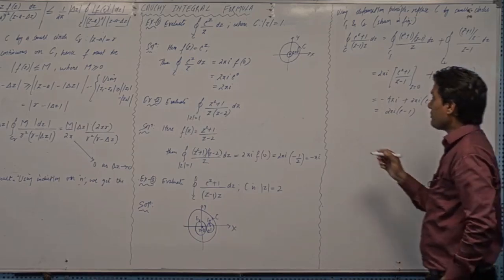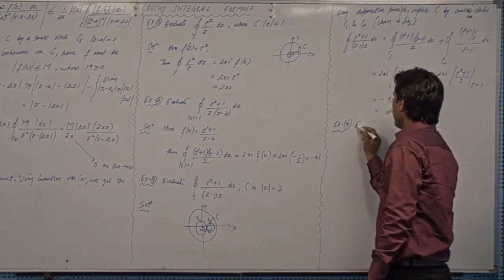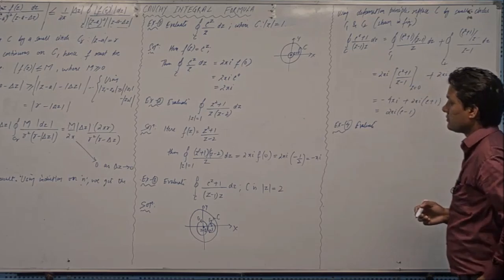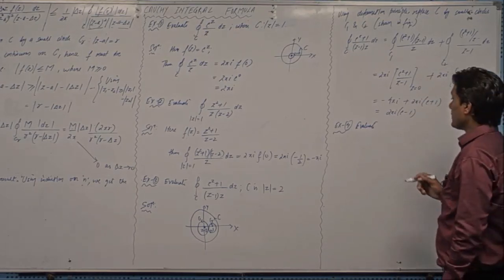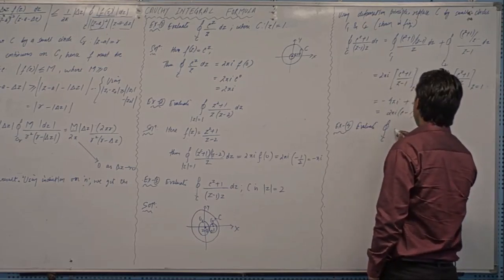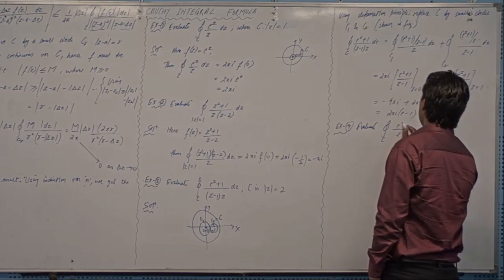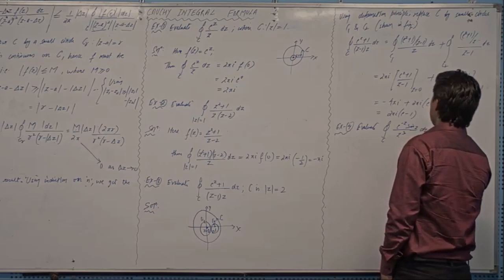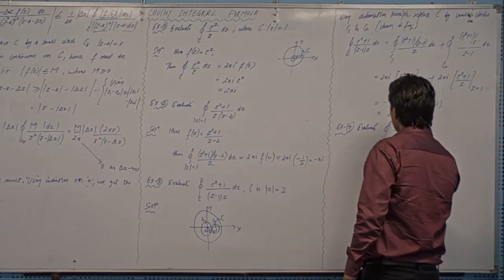Next example, example number 4, right? Evaluate. This time I will be taking an example which uses the Cauchy's second formula, right? Okay. Evaluate, let me take here the integral over C of e to the power minus z sine z over z cube dz, and this C is actually mod z equal to 1.